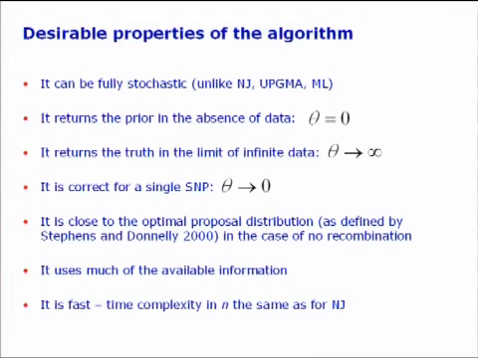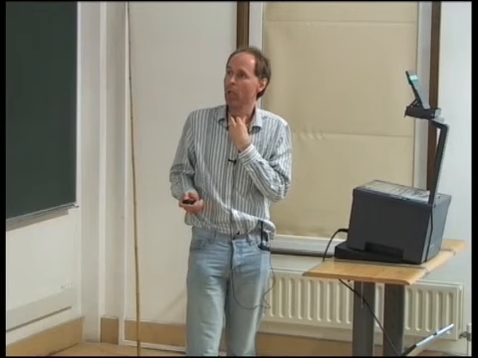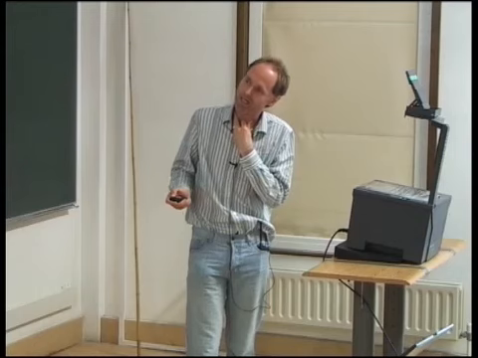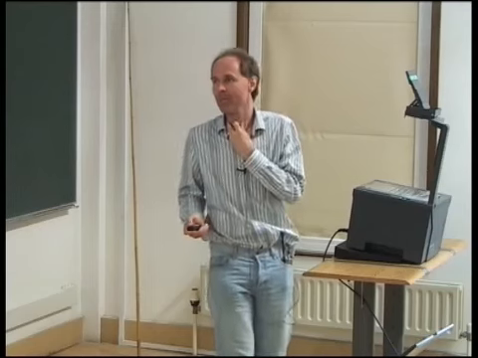It returns the truth in the limit of infinite data, also sensible. It's correct under certain limits. For example, if our data set consisted of a single SNP, and we thought the mutation rate was very low, it does the correct thing. It's very close to the optimal proposal distribution in the case of no recombination, which again seems sensible. It uses some available information, and it's fast.